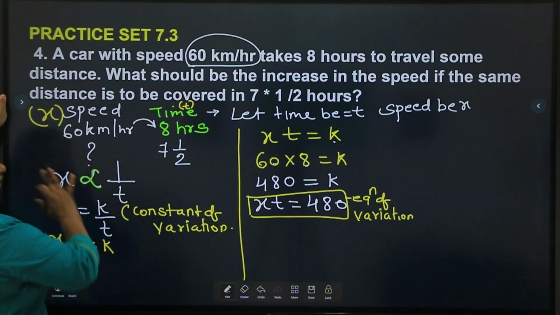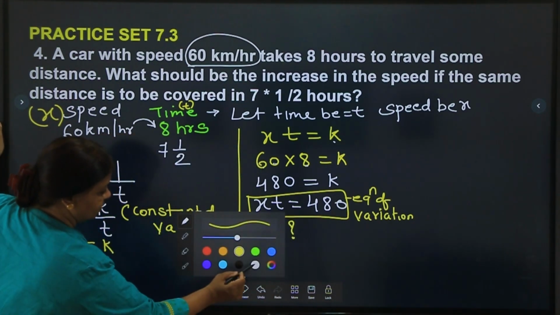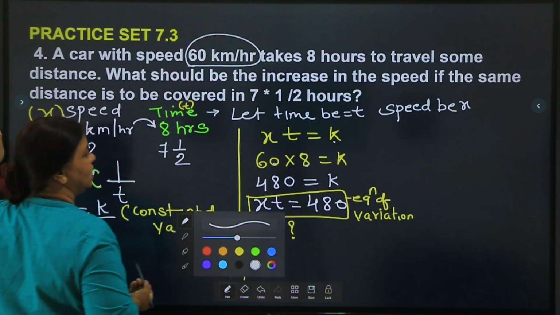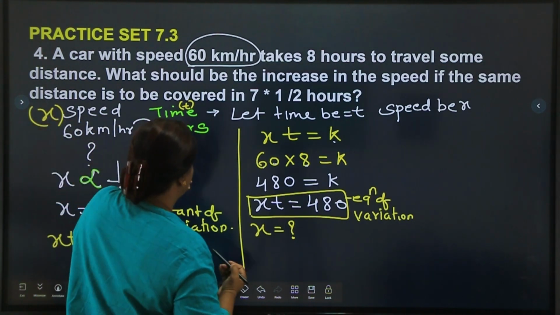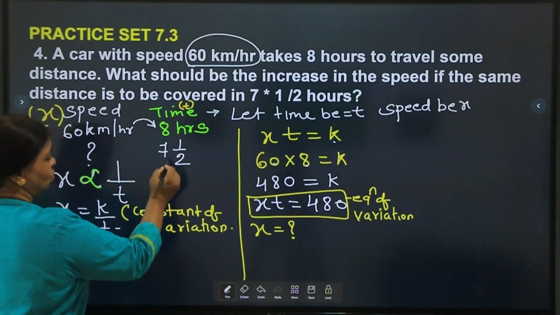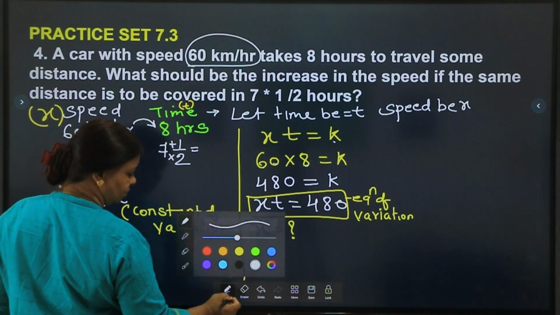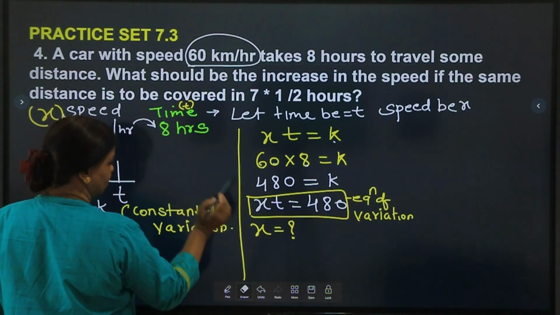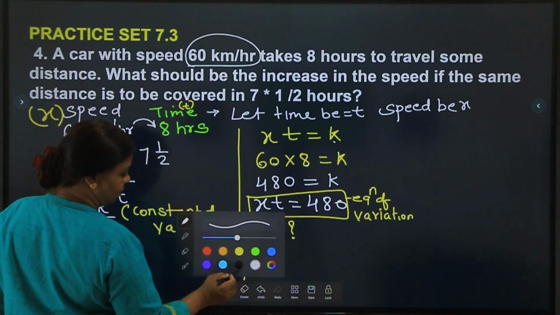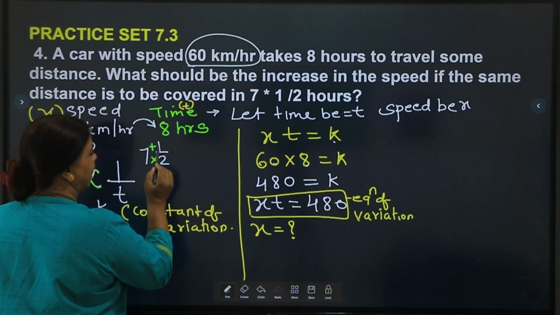Okay. Now what is the next condition? We want to find out speed. That means we want to find out x. Clear? Time is 7.5 hours. Let us convert this 7.5 hours into a fraction. 7 and 2 get multiplied and then whatever product comes should be added with 1.